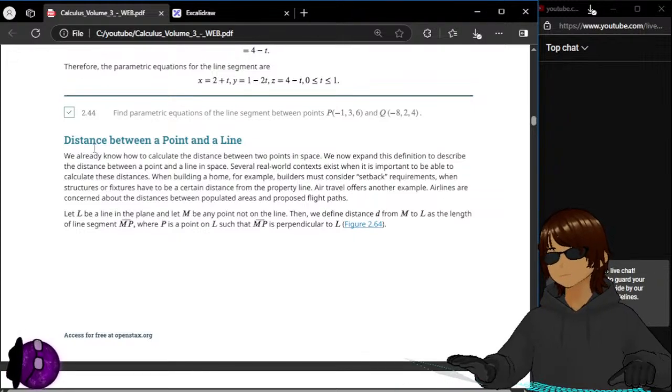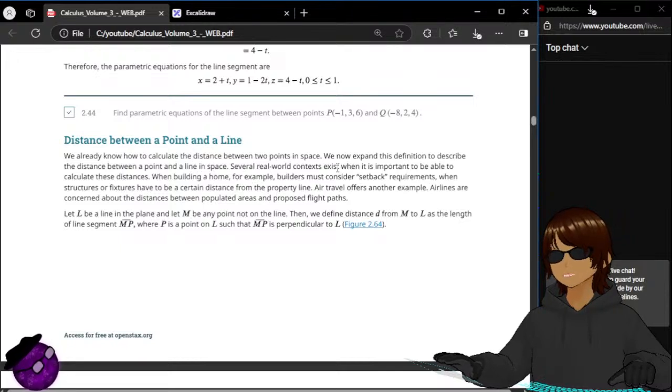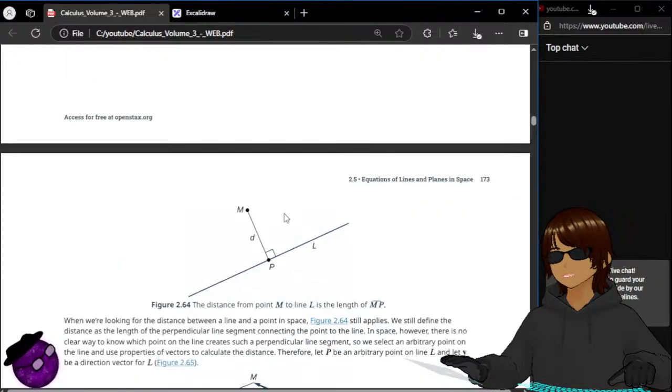Distance between a point and a line. We already know how to calculate the distance between 2 points in space. We now expand this definition to describe the distance between a point and a line in space. Several real-world contexts exist when it is important to be able to calculate these distances. Let L be a line in the plane and M be any point not on the line.